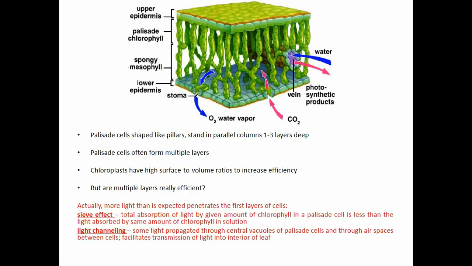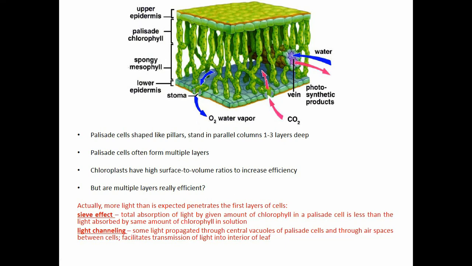So we've got this upper epidermis, that waxy cuticle, it's transparent so that the chloroplasts can clearly be seen. We've got these multiple layers, and this is dual fold. This idea of the sieve effect and the light channeling is dual fold.